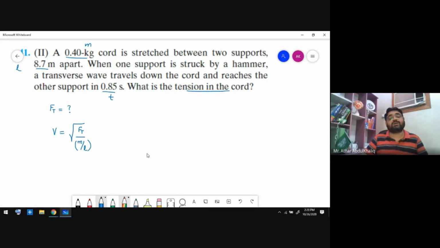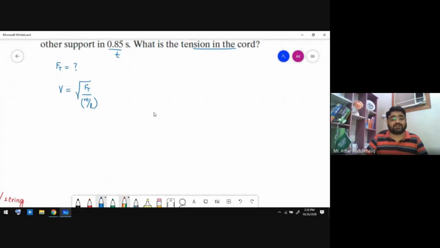For the speed, you will use distance divided by the time. So here you will write speed is equal to distance over time, is equal to radical of Ft times L over M. You understand why I did this?